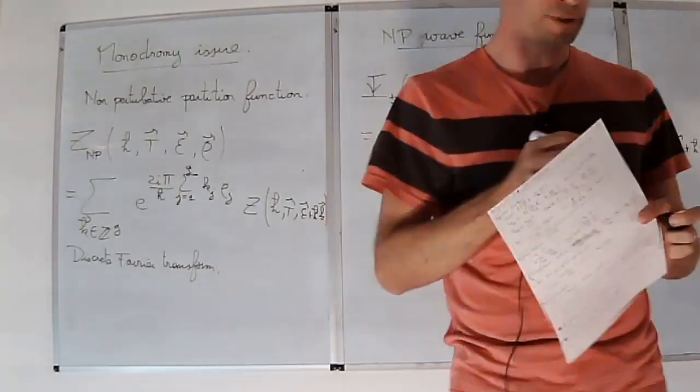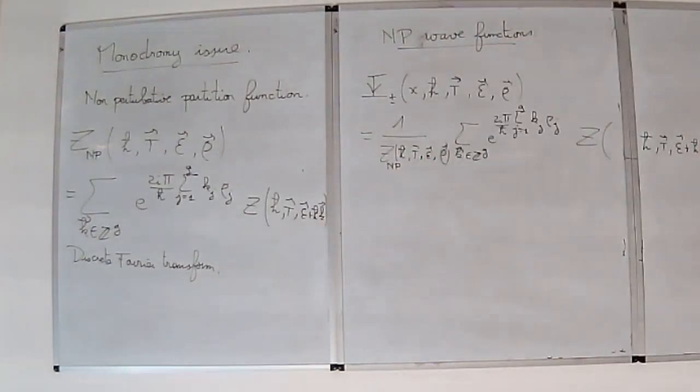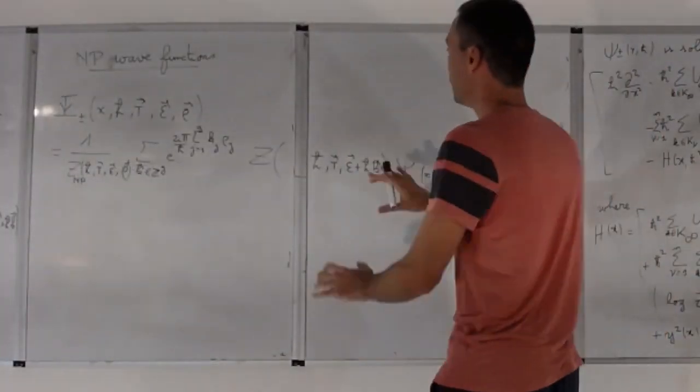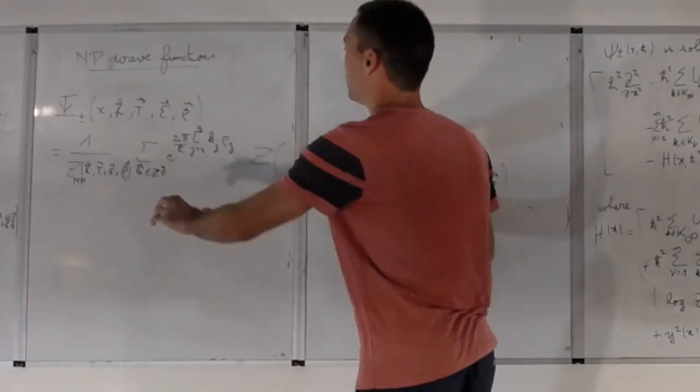So same story, it's a discrete Fourier transform, but this would be without this factor Z here.